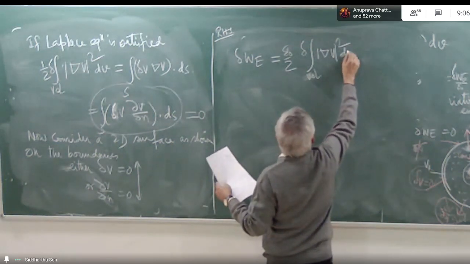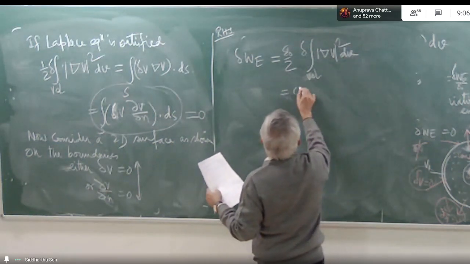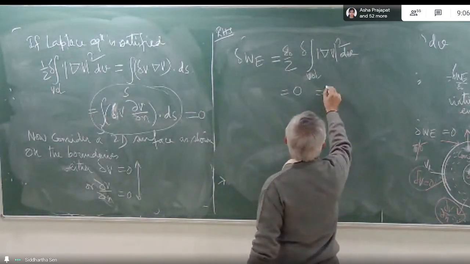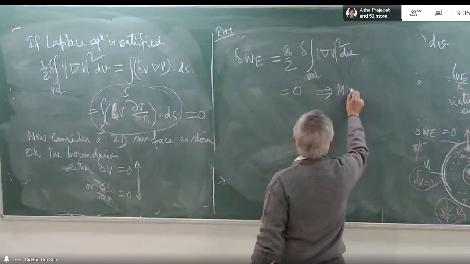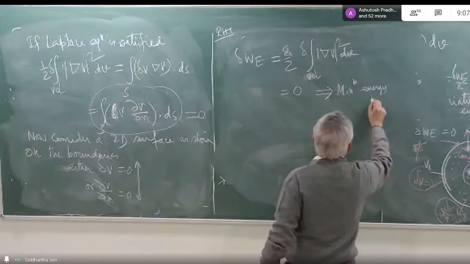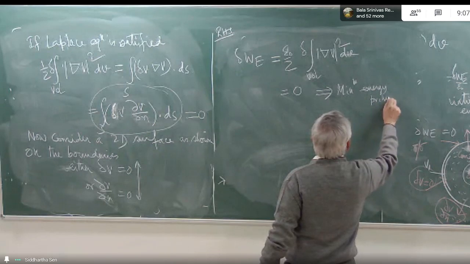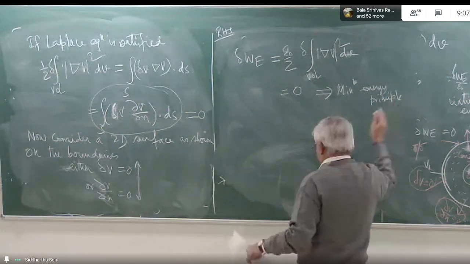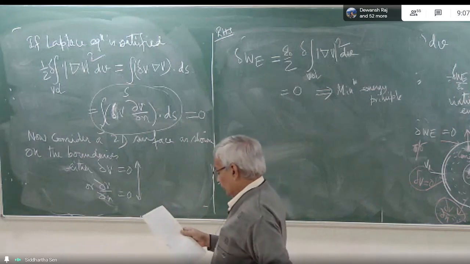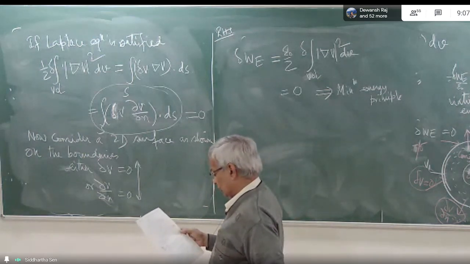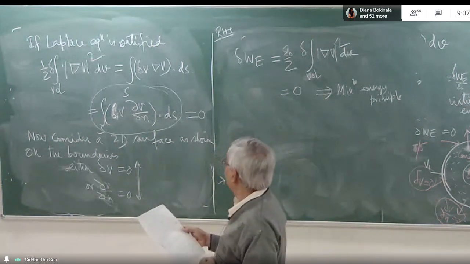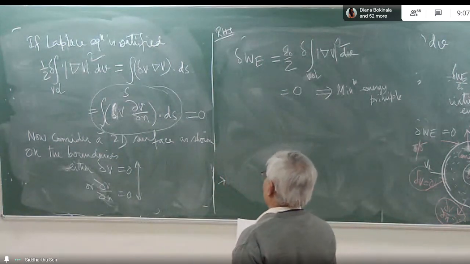This is what we said is the minimum energy principle. The statement is that the Laplace equation with its appropriate boundary conditions, Dirichlet or Neumann, satisfies the minimum energy principle.